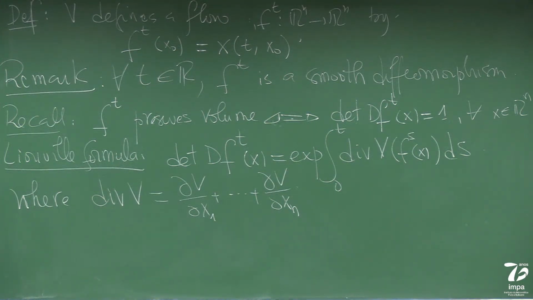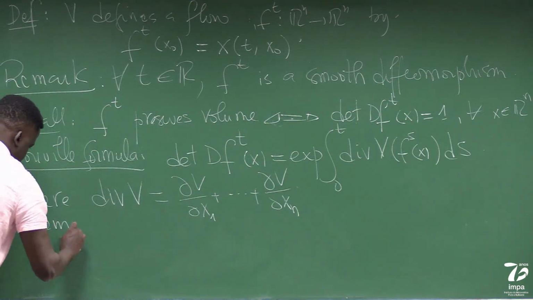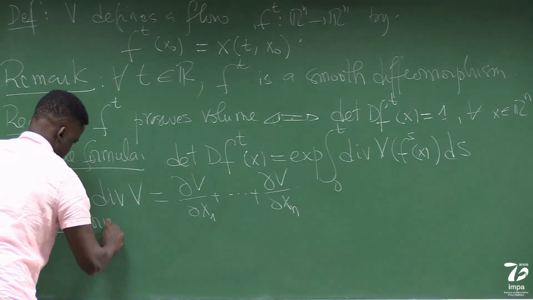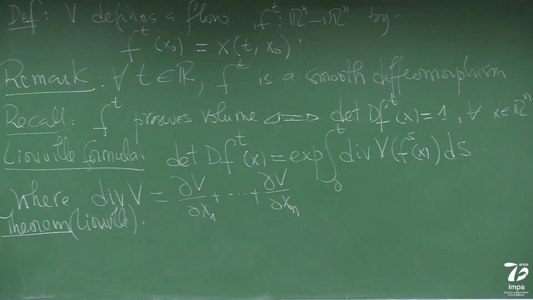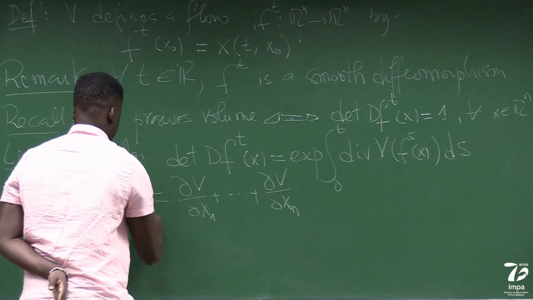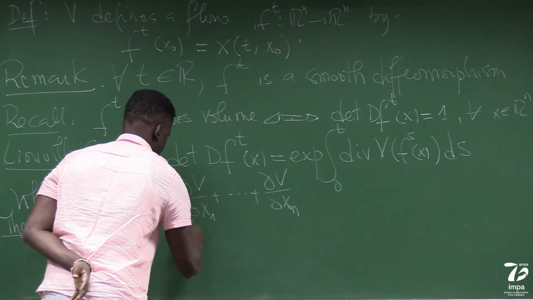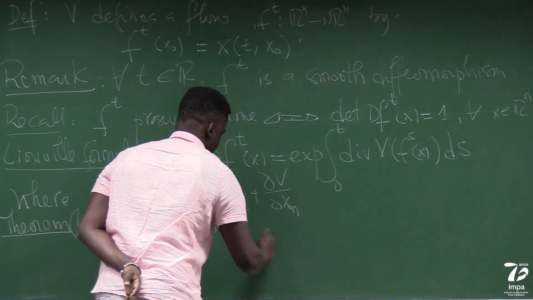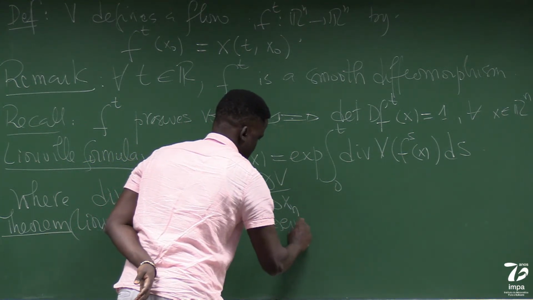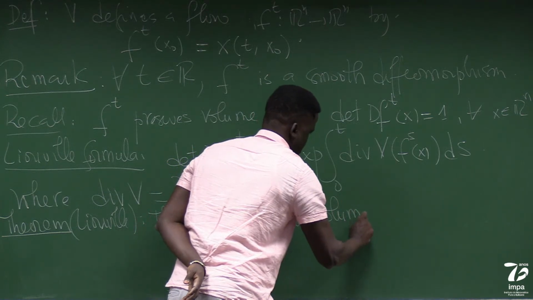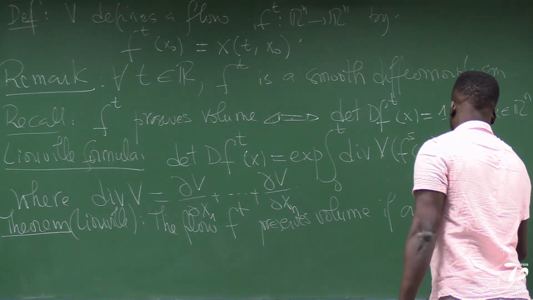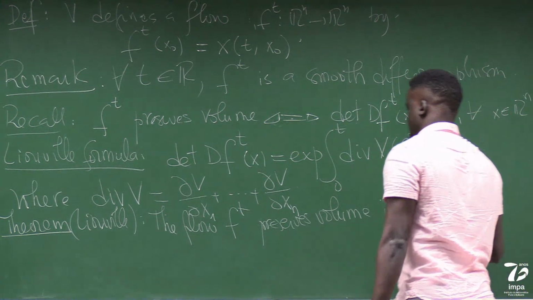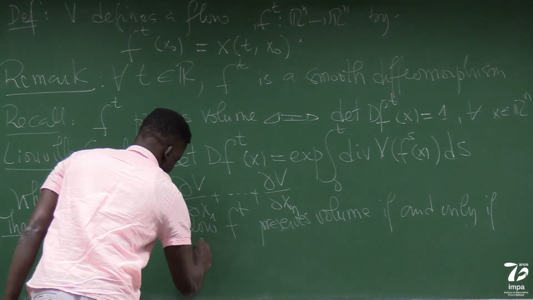So from this you have the Liouville Theorem that you can guess. The flow Ft preserves volume if and only if the divergence of V is identically 0.